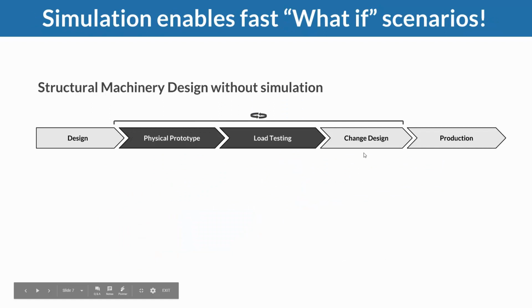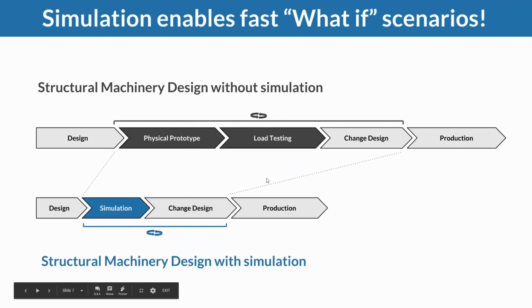So we're trying to reduce the cycle here, and not only the time to production, but also the overall cost. And this is done using simulation, where we can quickly iterate over multiple design iterations, and also, as important, get an impression of the performance of the design over the whole domain.